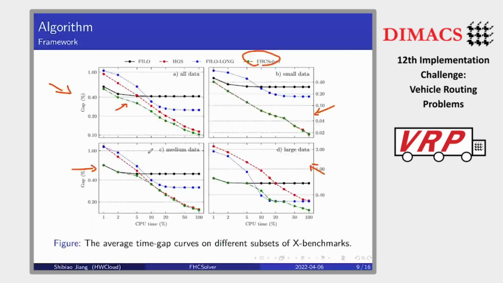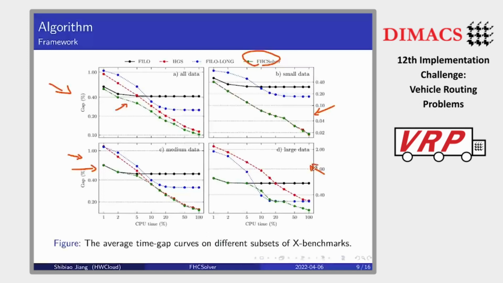And for the medium data, in this picture, you will find that finally the green curve overlaps with the red curve because we finally use HGS, and the result is similar. But at first, our solver has a very fast convergence speed, just like the Philo.